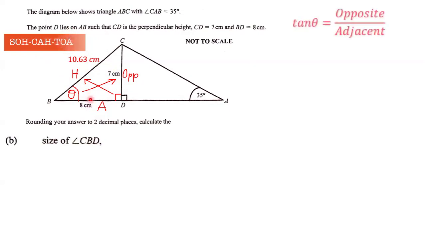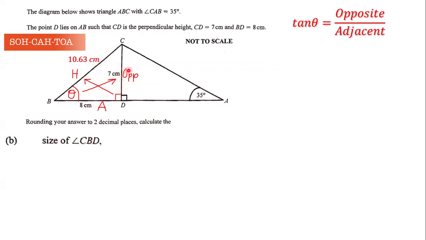The reason why I want to use tangent is because tangent involves the opposite and the adjacent. These are 2 sides in which we were given these values, 7 and 8. And so the safer route is to use the values that you were given instead of using the value that you had defined. Not saying that the value you had defined is wrong, but the safer route is to use the 7 and the 8.